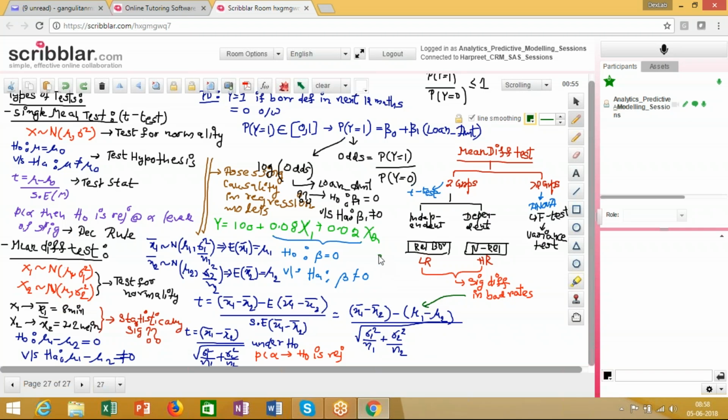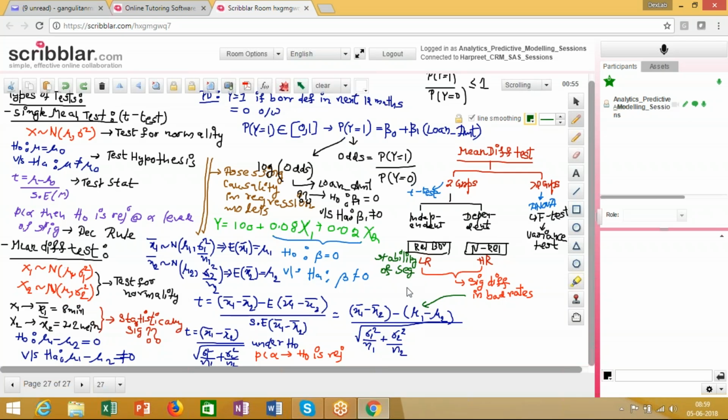So one important application of the mean difference test is to assess the stability of segments created. Right? So this is one very important area where the mean difference test is used.